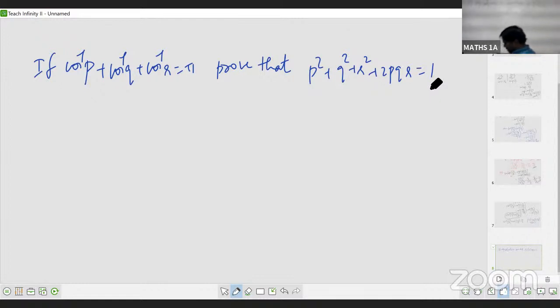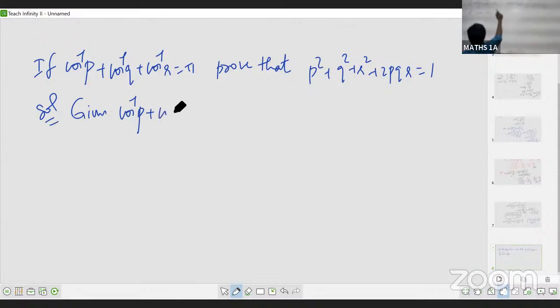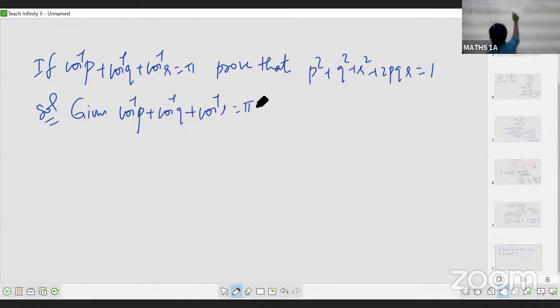Cos inverse p plus cos inverse q plus cos inverse r equal to π. Right?